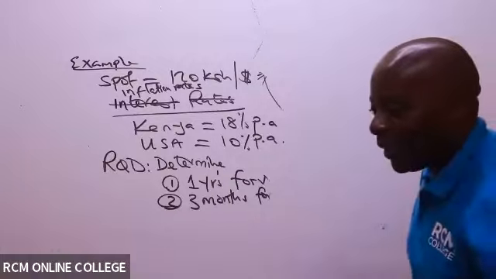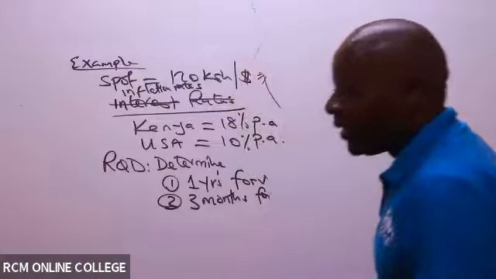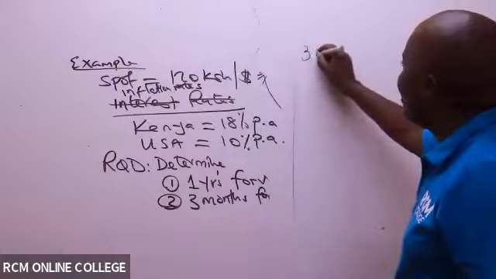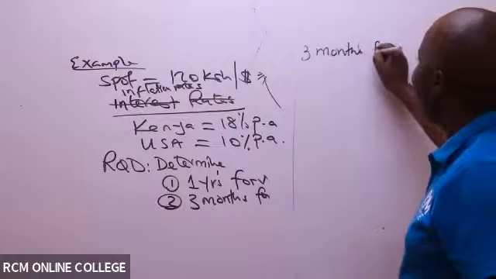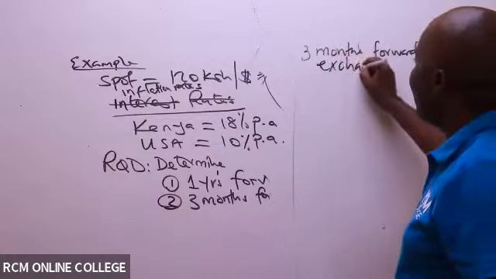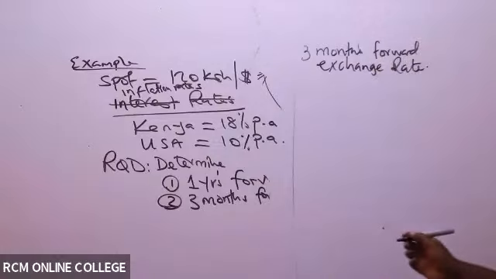Now we go to number 3. Number 3, ladies and gentlemen. So they want us to give them the 3 months forward exchange rate. So how do we get this 3 months forward exchange rate?